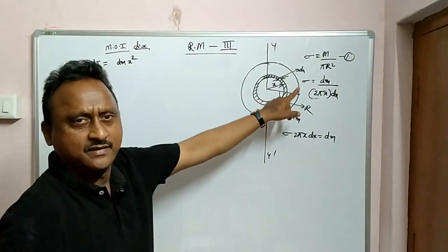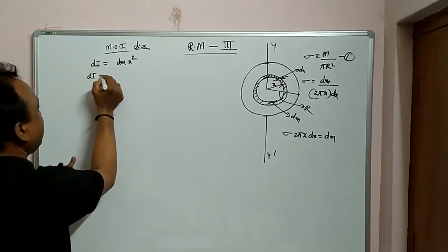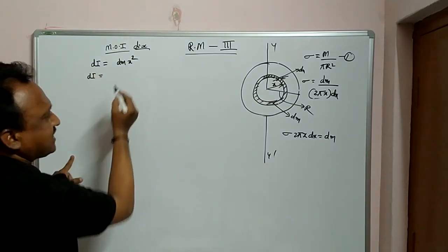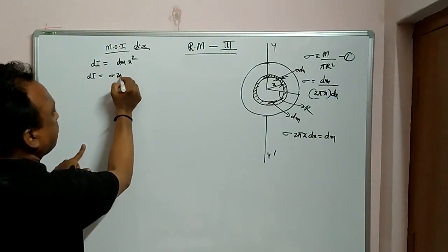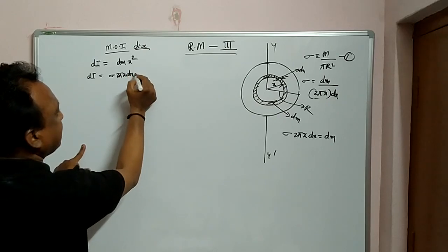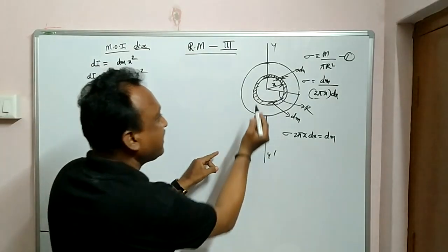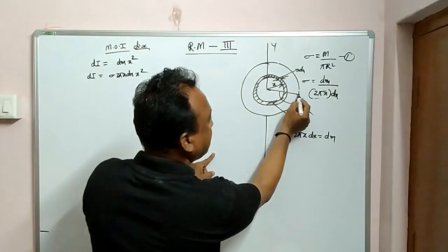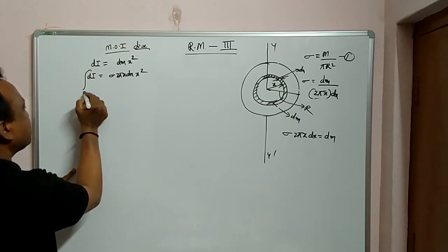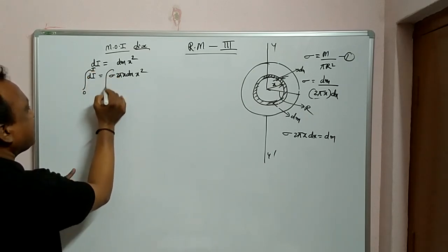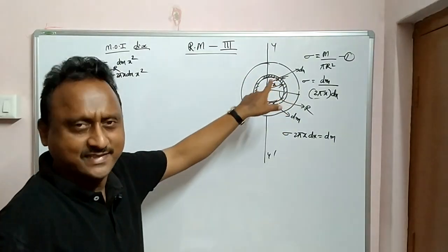Therefore the moment of inertia of the small strip is dm, which is sigma 2 pi x dx, into x square. This is one strip, but I need the whole radius from the center, so I will integrate from 0 to capital R to get the total moment of inertia of the entire disc.